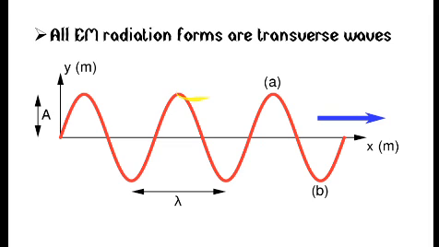When we consider the crests and the troughs, the crest is the upper point of the wave and the trough is the lower point. Notice that the point over there is at right angles to the direction of propagation, which is this line here.